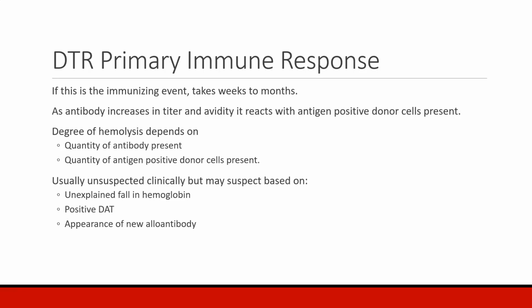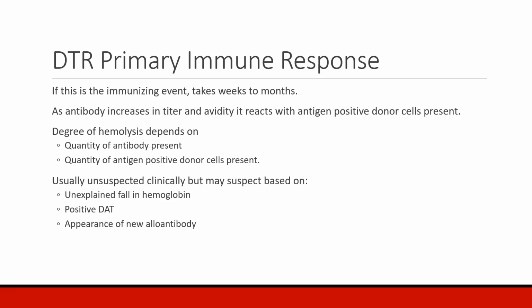And just remember, the specificity and the avidity and the sensitivity just take time because we're slowly processing these antigens. When we first start making the antibody, we're not real good about it. So the degree of hemolysis depends on the quantity of antibody present and the quantity of antigen-positive donor cells present.